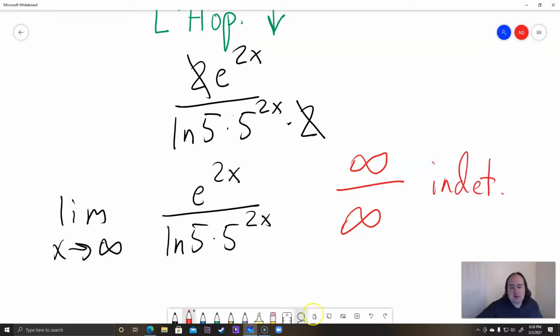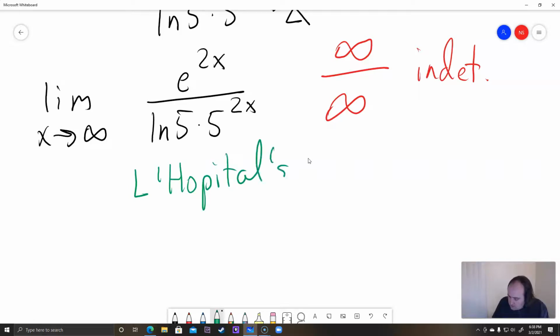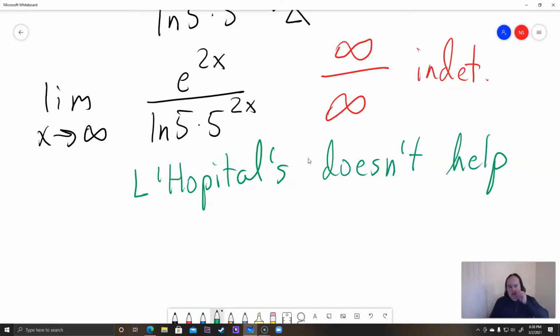So L'Hopital's is not going to work here. I mean, it works, but it doesn't help, because we keep getting indeterminate over and over again.